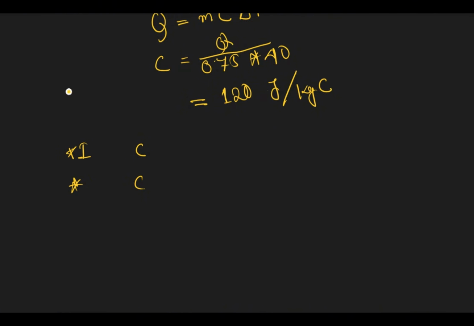So let's say this is iron and this is lead, and the value of C is, let's say, given as 100 and this is 120. This type of table has to be attached with this question. So our final value is 120. Indeed, the material is lead. So this is the answer for the very first part of this question.